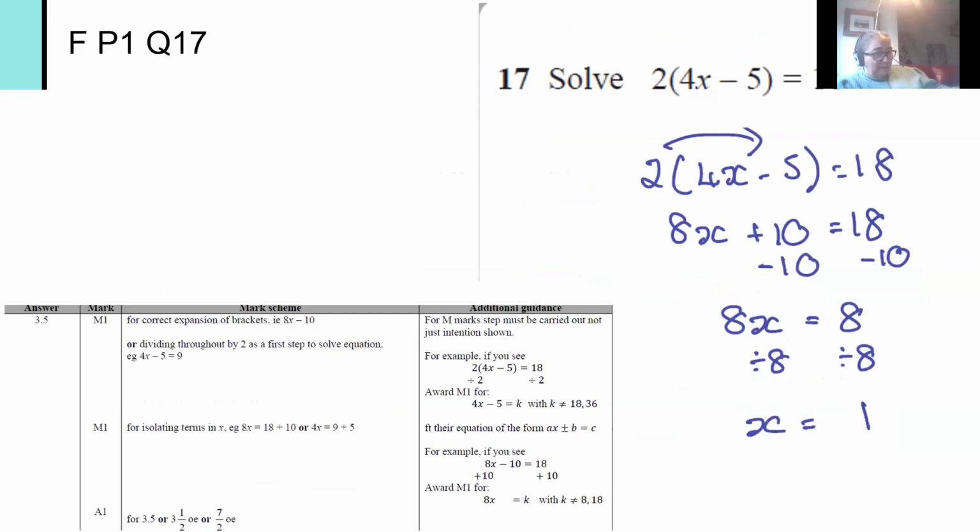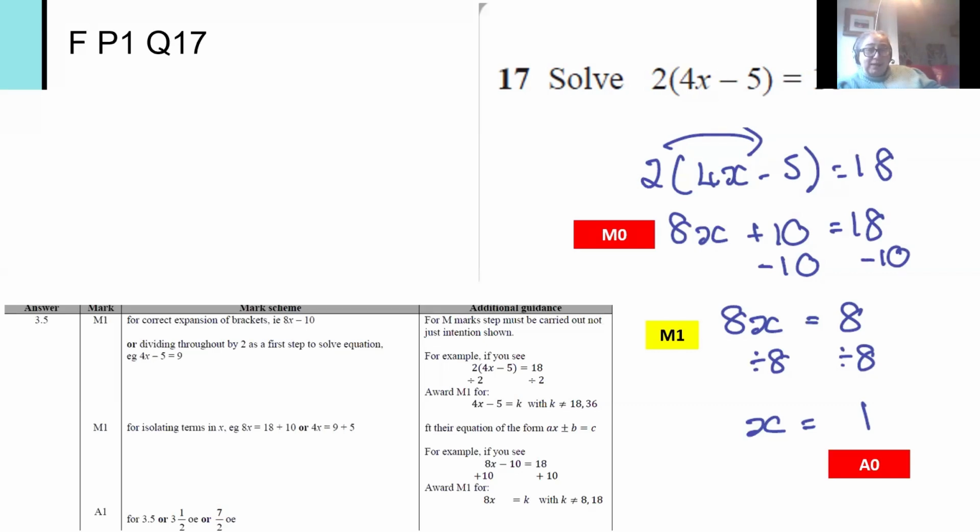Then we've got question 17. This is one I did want to talk about. There is no mark available there because they haven't correctly expanded the single bracket. But then they have correctly deducted 10 from both sides to end up with 8x equals 8.